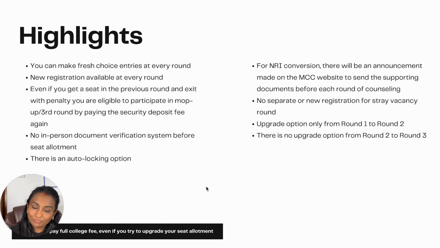If MCC feels yes, all these documents are acceptable, they will verify, and if it is done, they will give you NRI conversion. If your NRI papers are accepted, when you log into your option entry portal, you can see that you will be eligible for management / NRI seats. So you can pick and choose both. You can select some management seats, you can select some NRI seats.